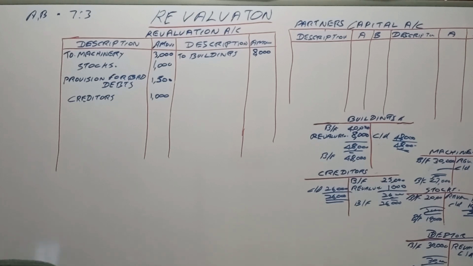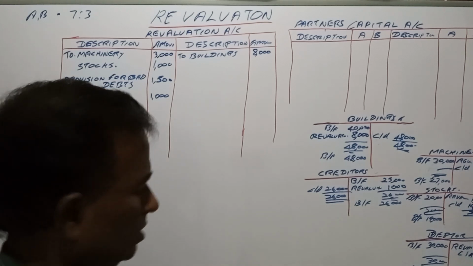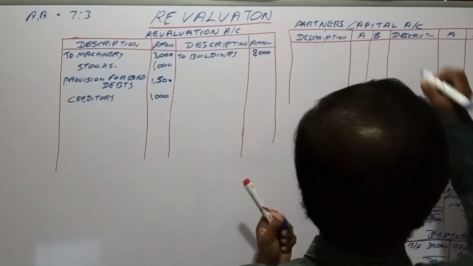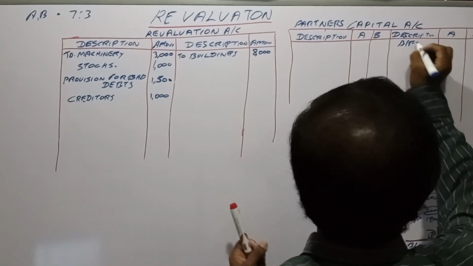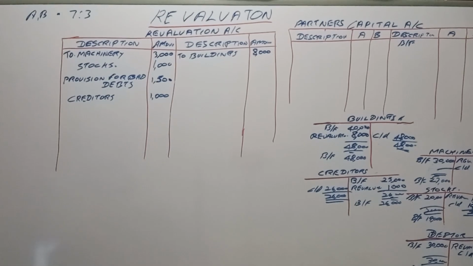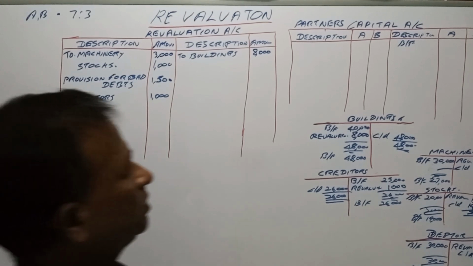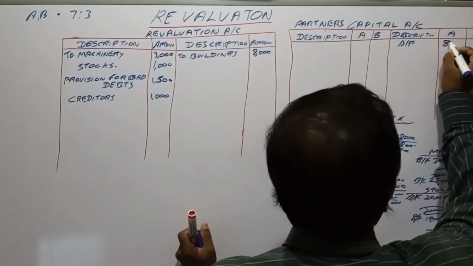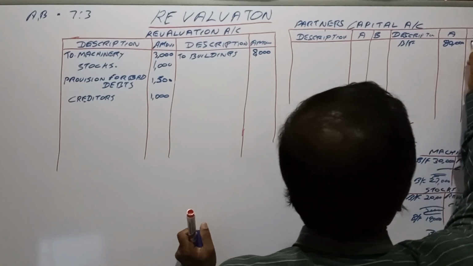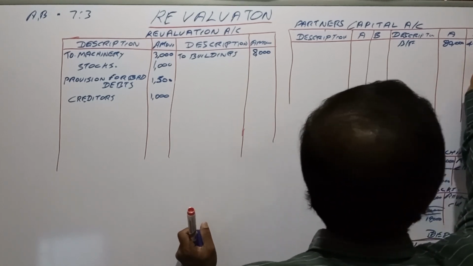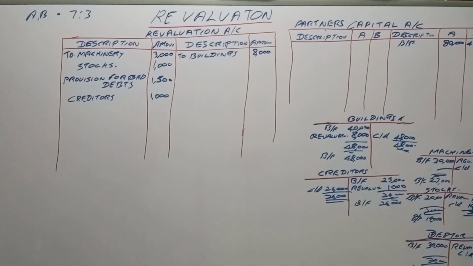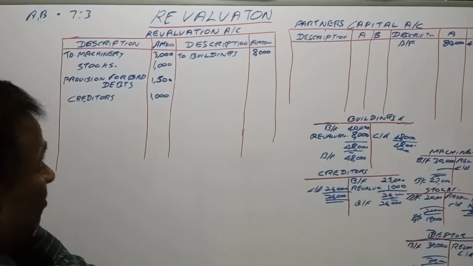Then capital account A and B. How much? Brought forward balance. Capital account is 80,000 and 40,000. Right. Here we will get the profits only.